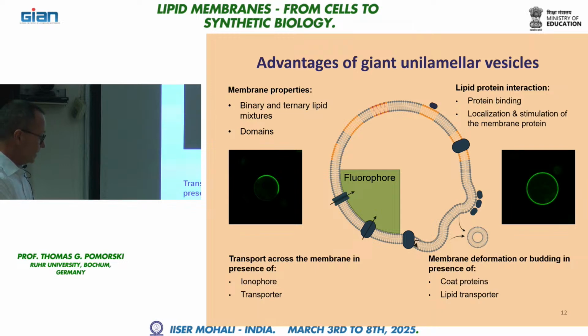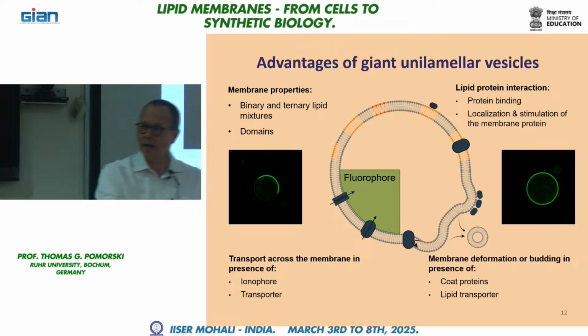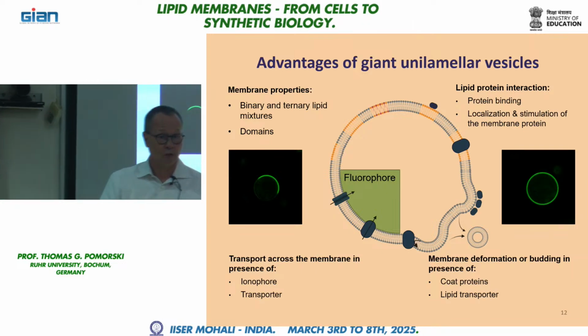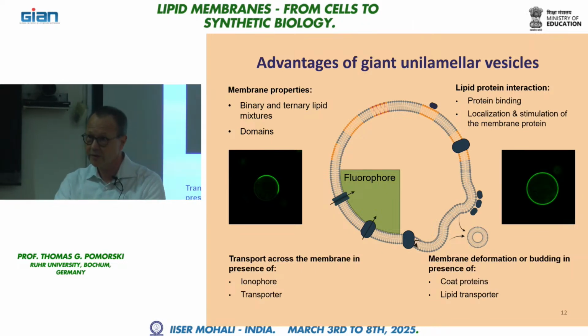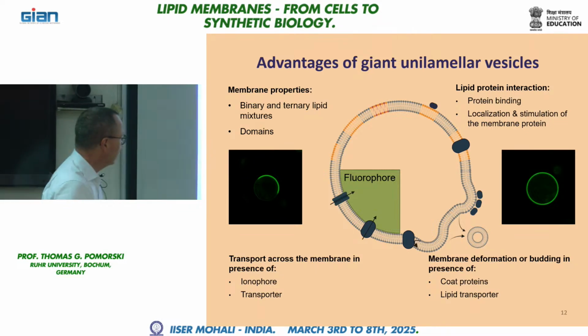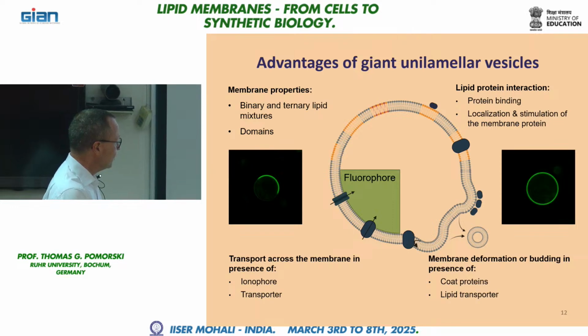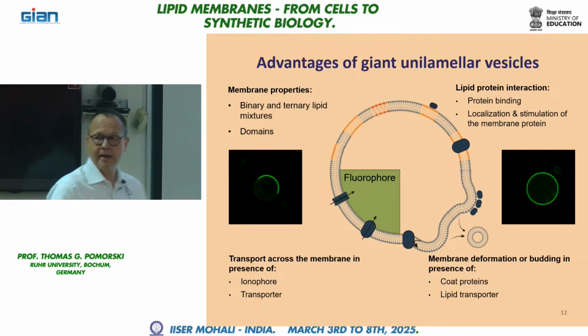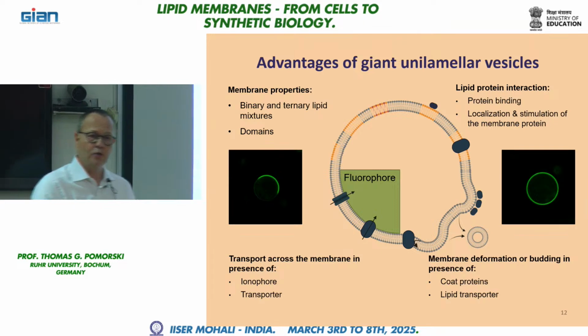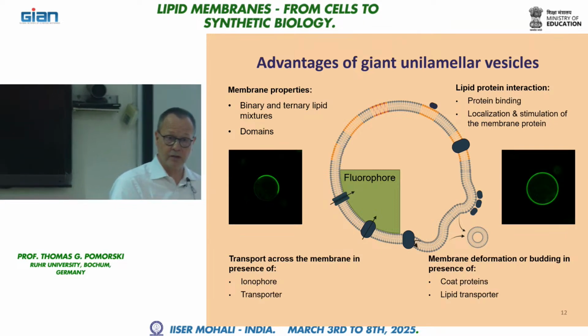Then you can start in this system very nicely also with membrane deformations and budding. Some proteins interact in a way that they help to deform membranes or to bud off membranes. That's something you can study here under the microscope under well-defined conditions. Or you can also study transport mechanisms when you include membrane proteins, an aspect that we will discuss later, how to get membrane proteins into such vesicles.